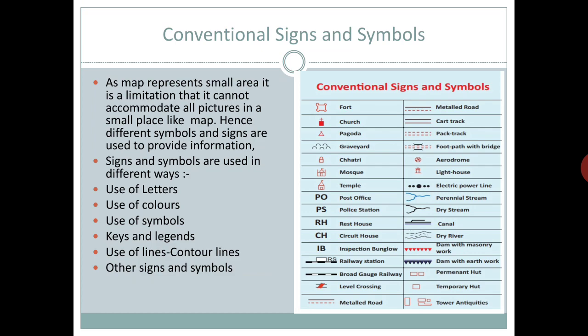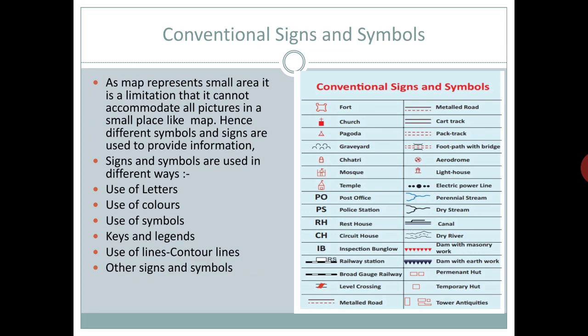So with a contour line we will show you the elevation of a place. Usually index contour lines you will study in higher class, that is, brown color lines are drawn to show the shape and height of the place with numbers, and the numbers represent the height of that place from the mean sea level.